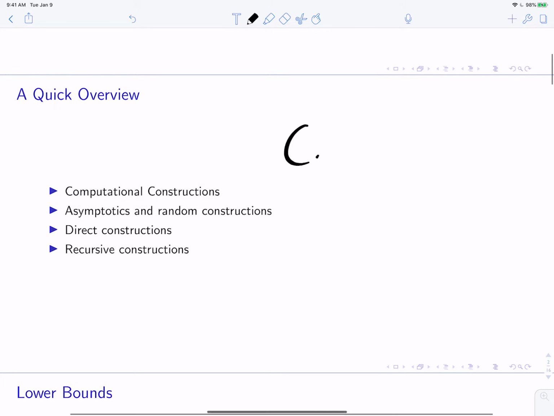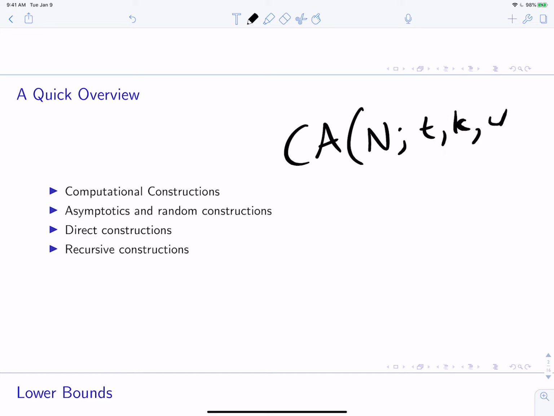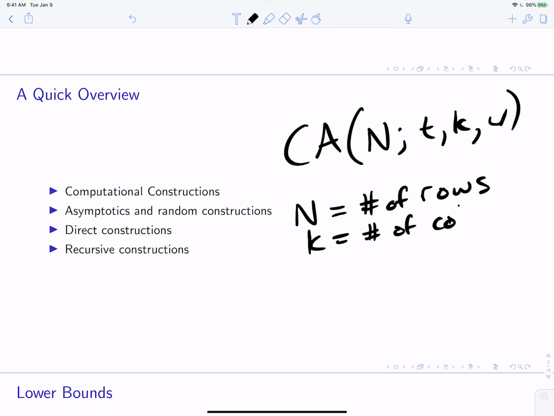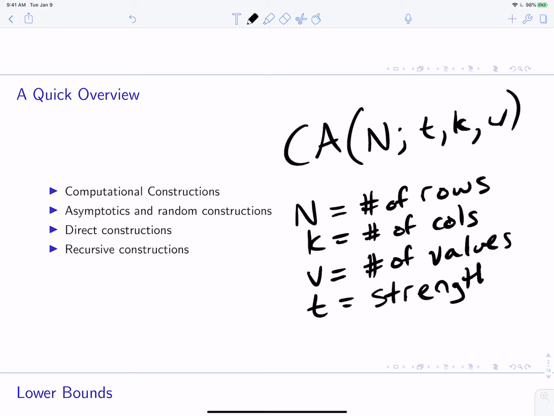So remember that we're dealing with CA(N, T, K, V), oops, can't get these out of order, where N is the number of rows in the array, K is the number of columns, V is the number of values, and T is the strength: the number of columns that we look at for all of the possible interactions at a time.